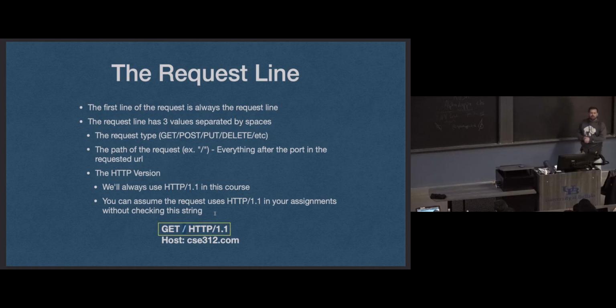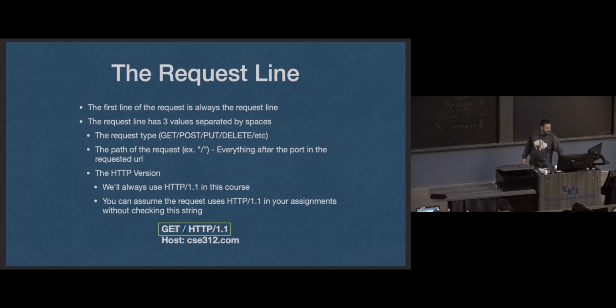So since these are separated by spaces, your code is going to read this first line before the first CRLF. Split on spaces is a safe operation because the RFC says these are split by spaces. And then read these 2 values, because for our purposes, we can just assume the HTTP version.